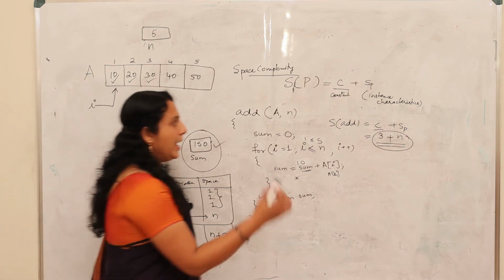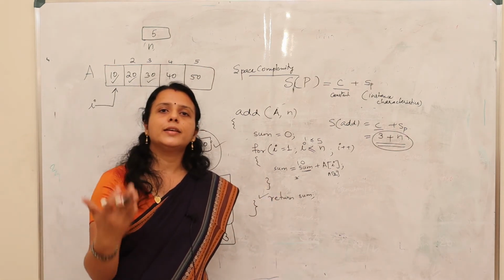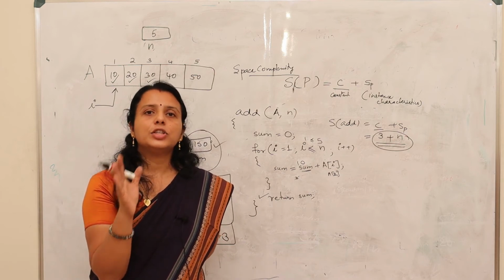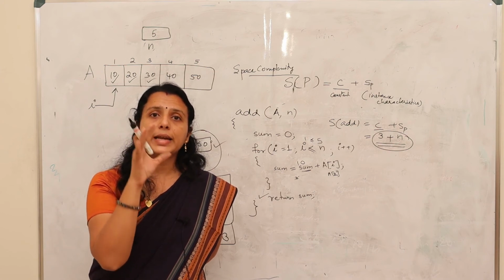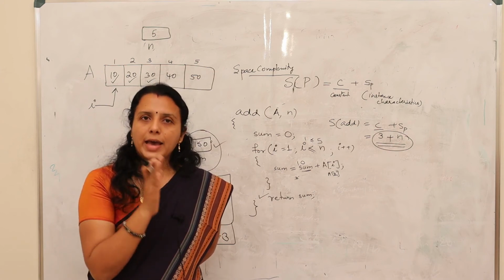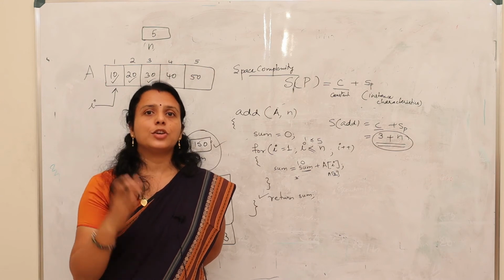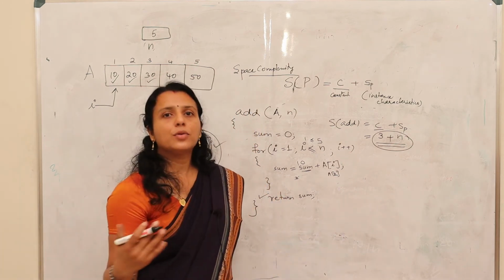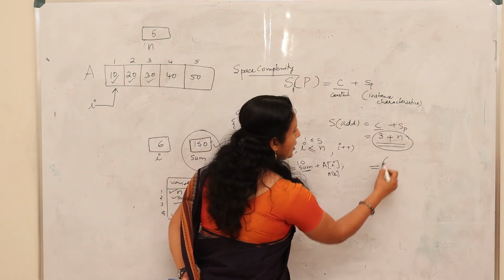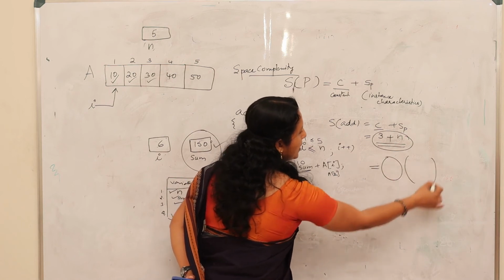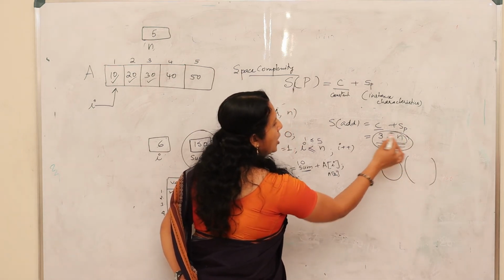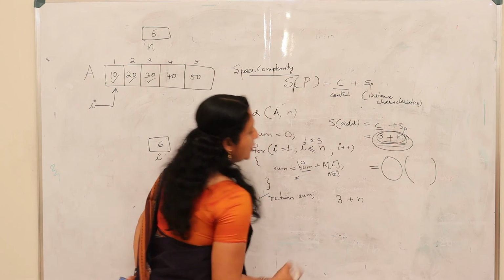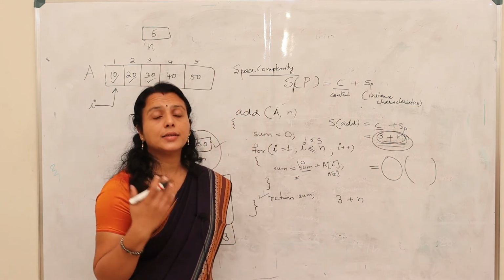Now we have to represent this space complexity in terms of big O notation. There are different notations which represent the performance analysis of an algorithm: big O notation, theta notation, and omega notation. Normally we use big O notation. In this equation, how many terms are there? There are two terms, 3 and n. Which term has the highest degree?